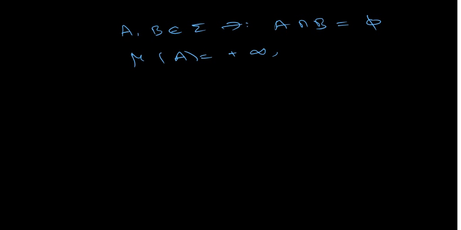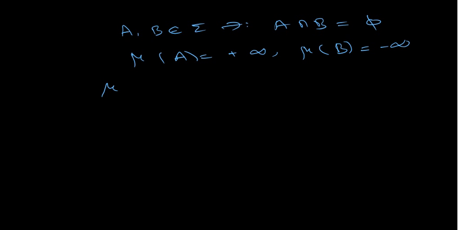Suppose mu assumes both values, plus infinity as well as minus infinity. Suppose there are two disjoint sets A and B in sigma, such that A intersection B is the empty set, and mu of A is plus infinity, mu of B is minus infinity.